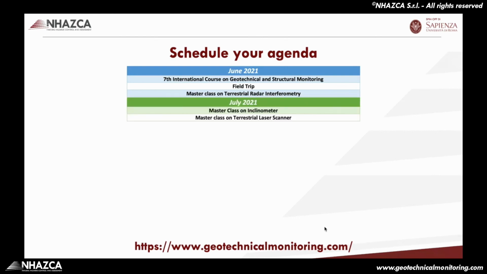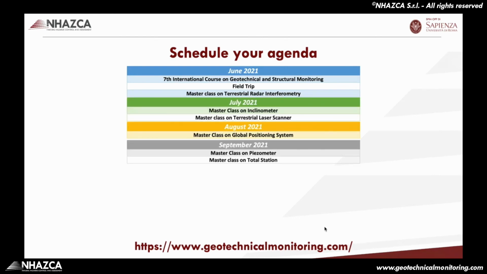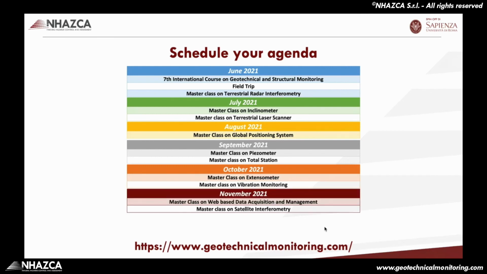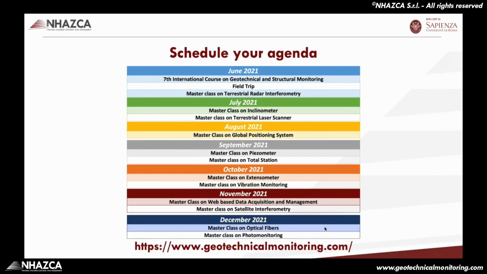Then every month up to the end of the year, there will be 2 master classes. So 4 hours of master class on each of these technologies, so that you will have to waste little time, just half a day, 2 times per month if you want to follow all of them, but you can choose to follow a few of them.